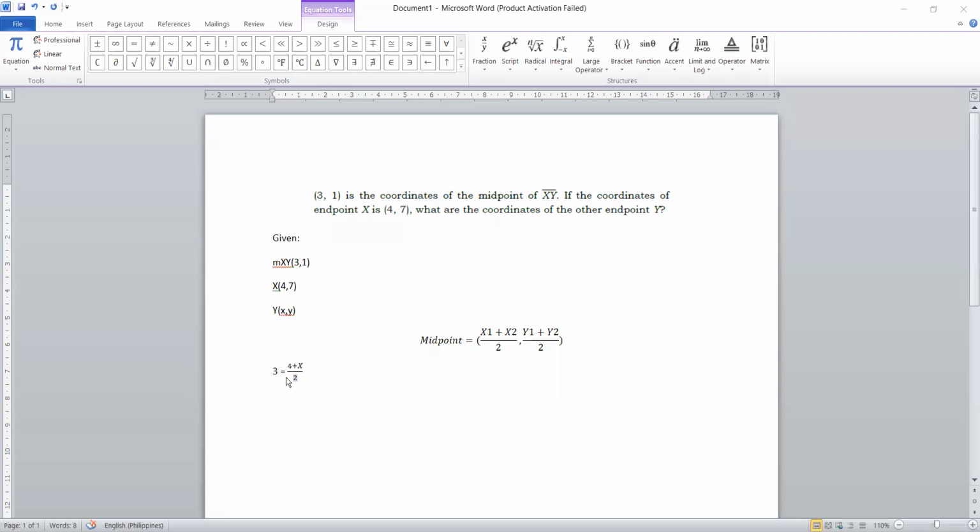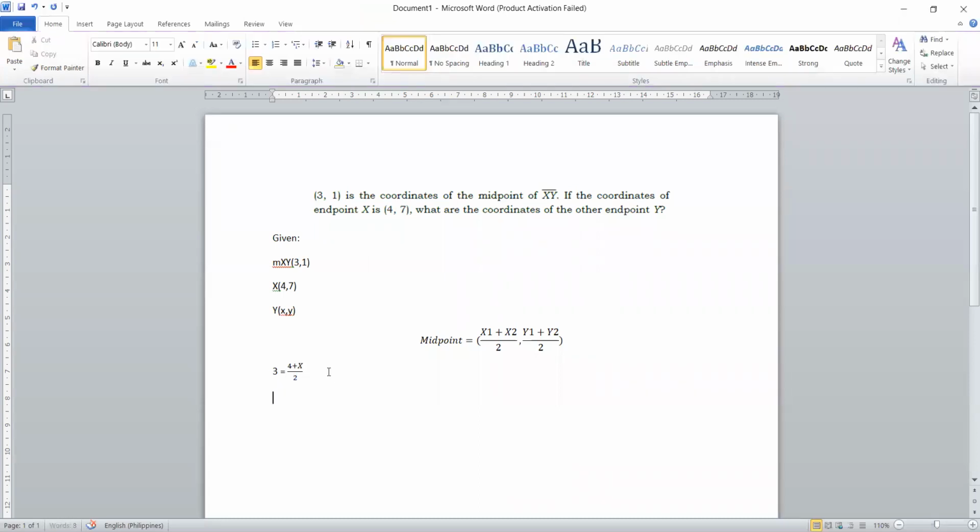So simplifying this, you'll have here, cross multiply. So that's 6. 3 times 2 is 6, is equal to 4 plus x. Now we just need to transpose. So that's 6 minus 4 is equal to x.